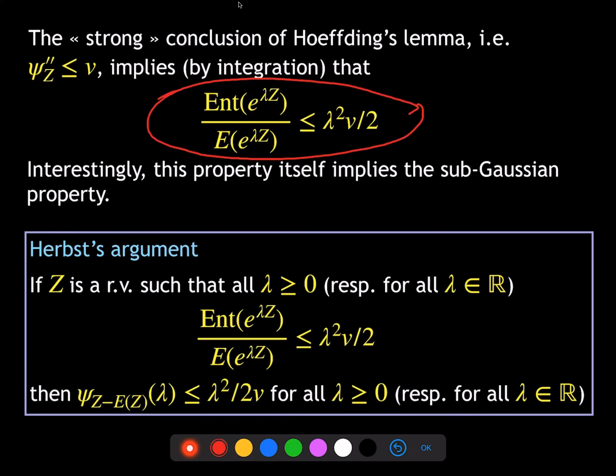So this means that we have a way to encode subgaussianity just by looking at the entropy of exponential of lambda Z. This way is given by Herbst's argument.